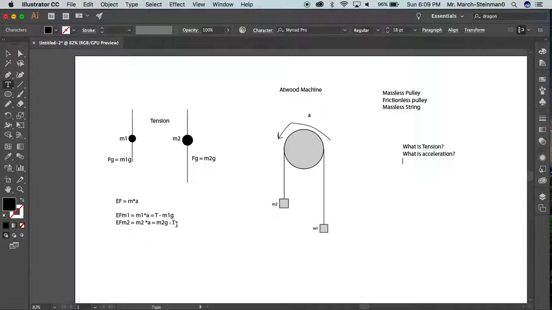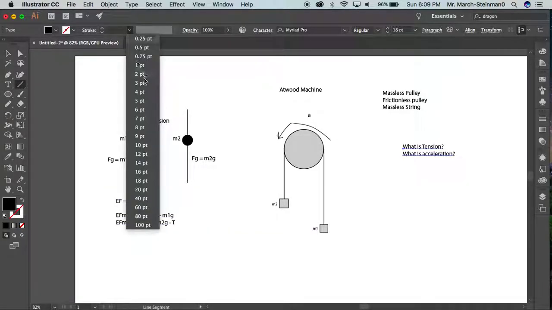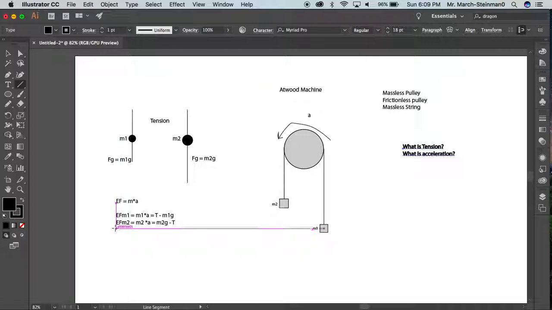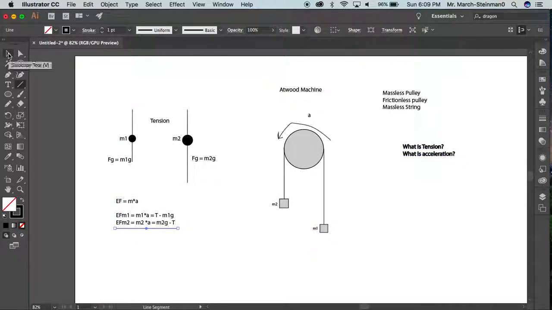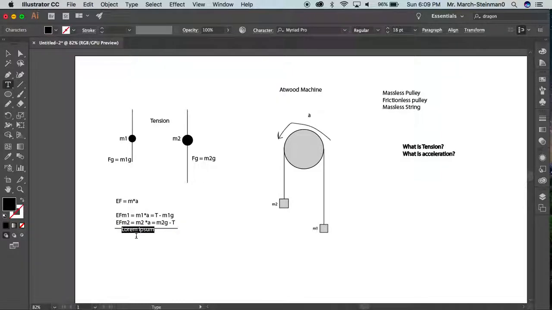Let me solve it by adding these two equations. So if I were to add these two equations, I'd get the following result.